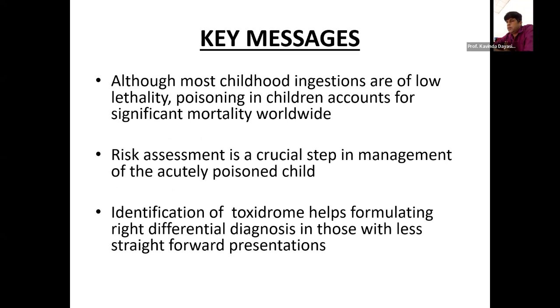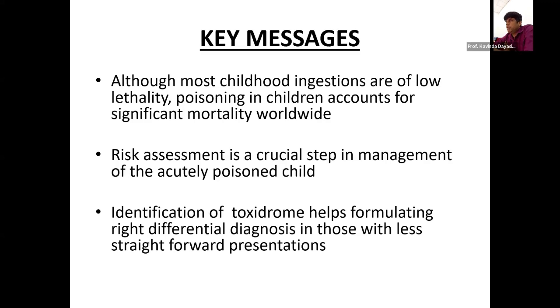The key message I want to highlight is that most childhood ingestions are low risk and trivial. So consider observing them briefly in the emergency department and then repeat your risk assessment. If you determine the child is at very low risk and the ingested agent is not a serious risk to the child's health, then you can consider discharging the child.